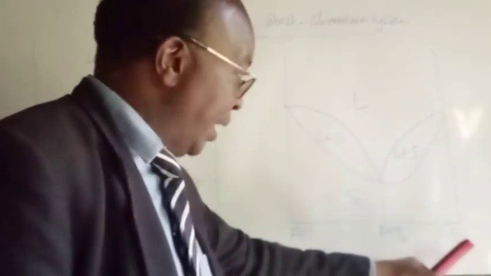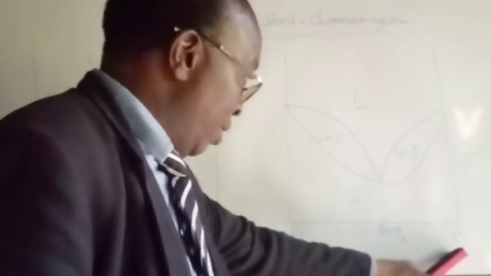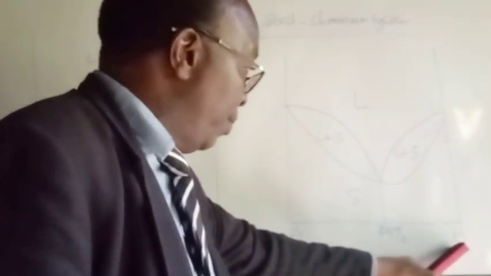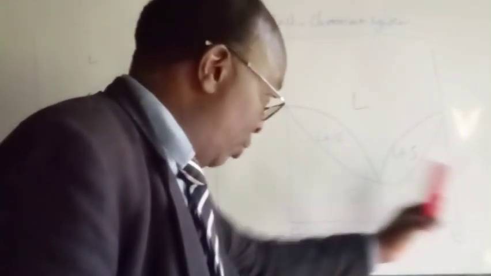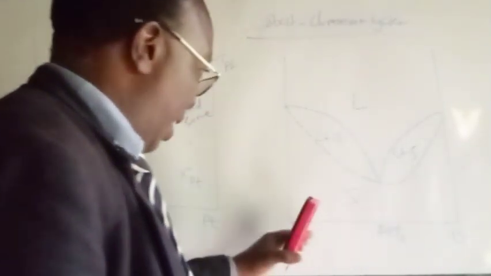Then it means that for you to get pure B, that pure B could be cobalt or could be chromium, depending on which one is in the axis. There we have cobalt, there we have chromium.